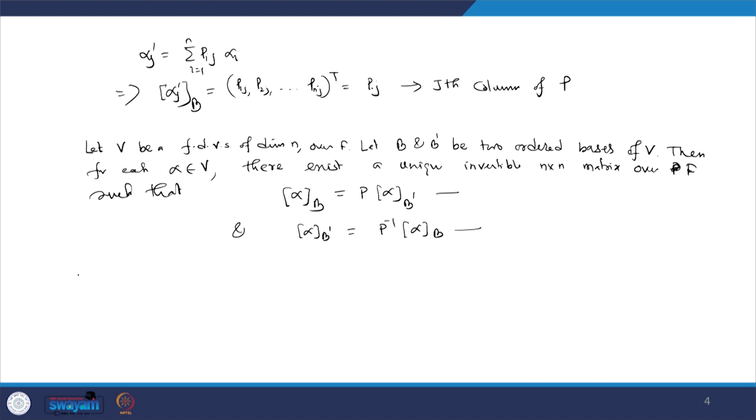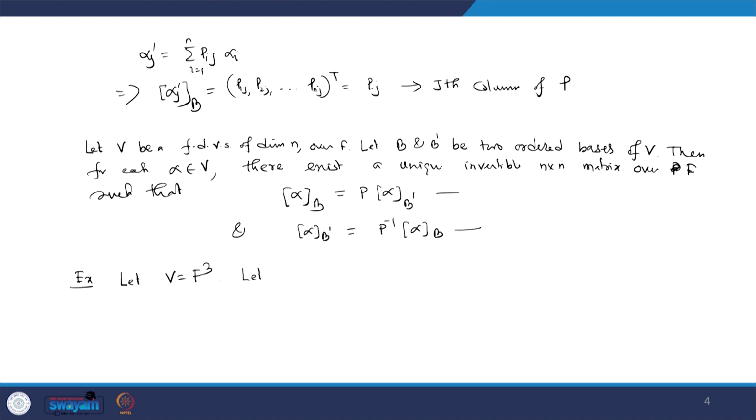So, let me take an example first. Let V equal F^3, I mean the space of 3-tuples over the field capital F. For the sake of simplicity, I can take F equal to the real numbers.